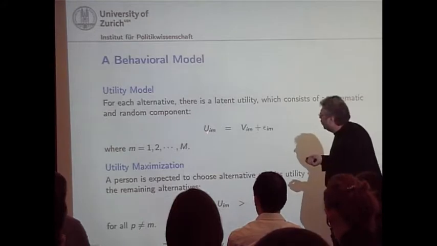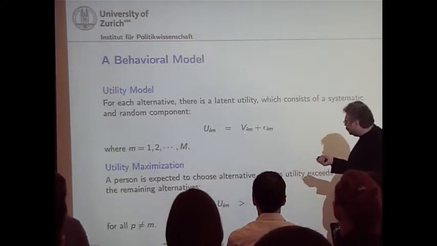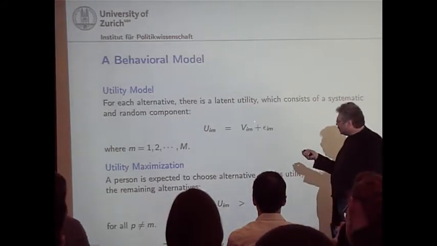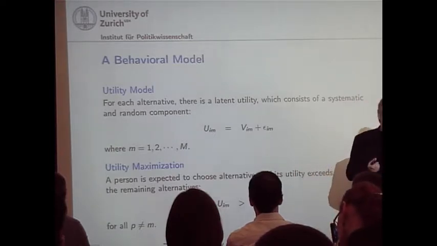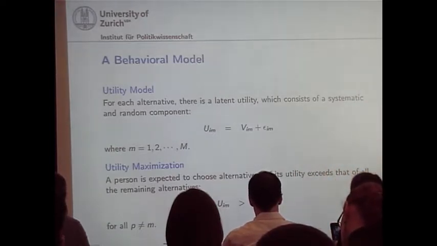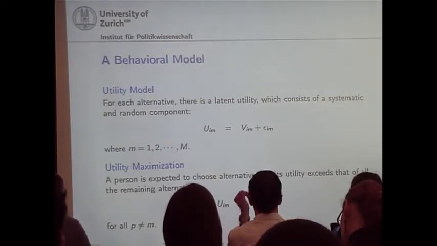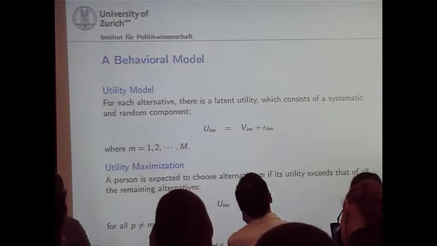We break this U_im down into two components, a systematic component V_im, which I am going to model out later. I'm going to wait on that for a little while, but I'm going to get there eventually.